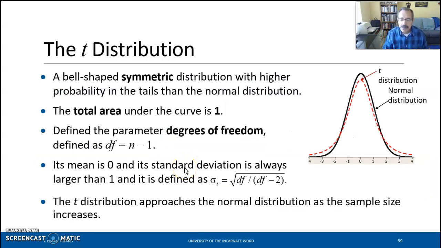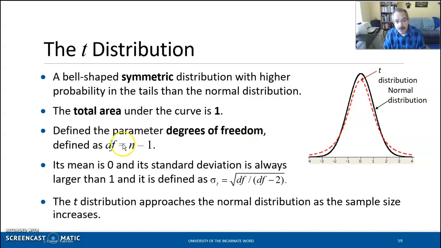Now the t distribution is similar to the standard normal distribution in that it is bell-shaped and symmetric. The area under the curve is 1, as with the standard normal, and the t distribution is defined by a single parameter called the degrees of freedom, which is defined as the sample size minus 1.